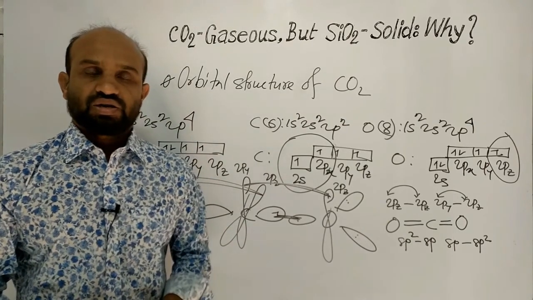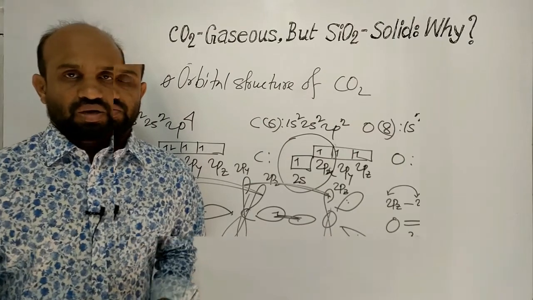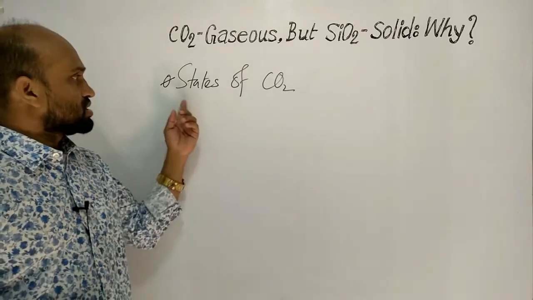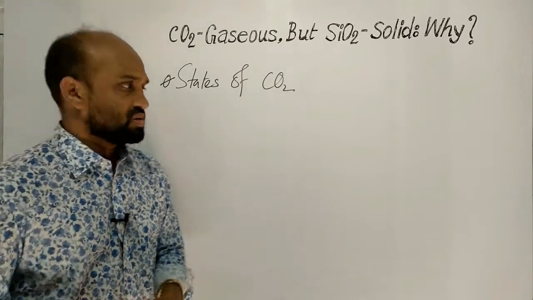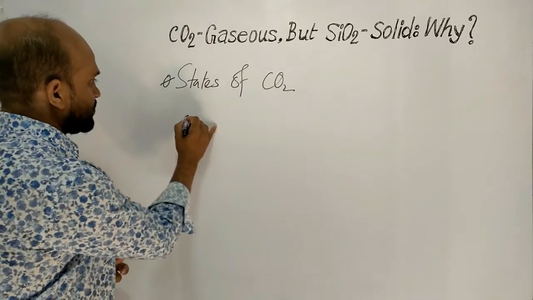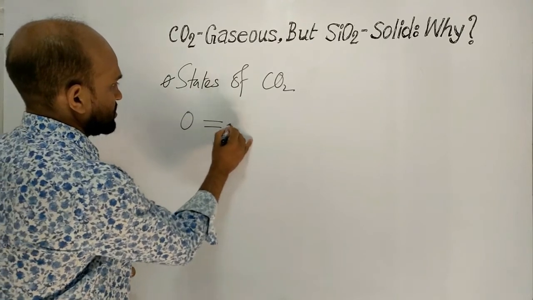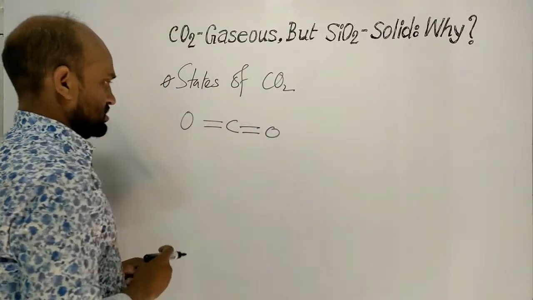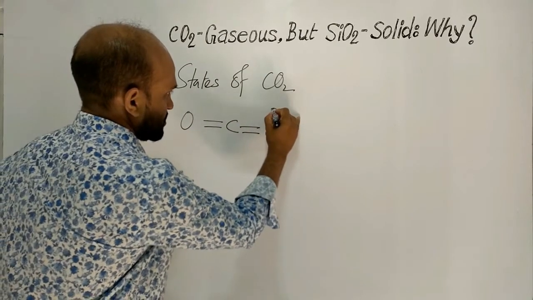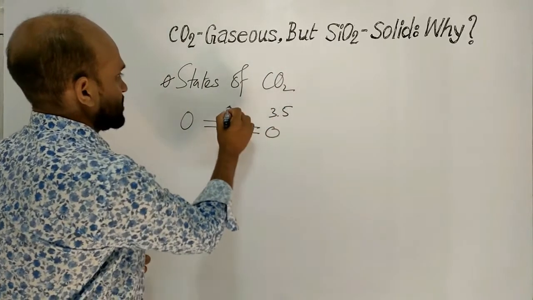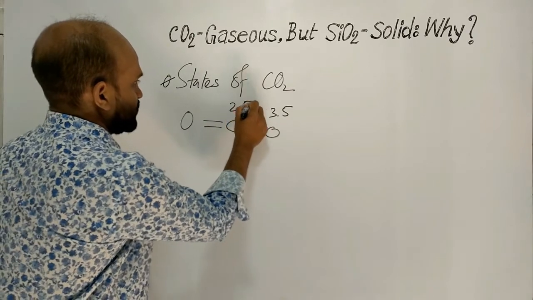Let's see the state of carbon dioxide now. The structural formula of carbon dioxide is this. The electronegativity of oxygen is 3.5 and carbon is 2.5.